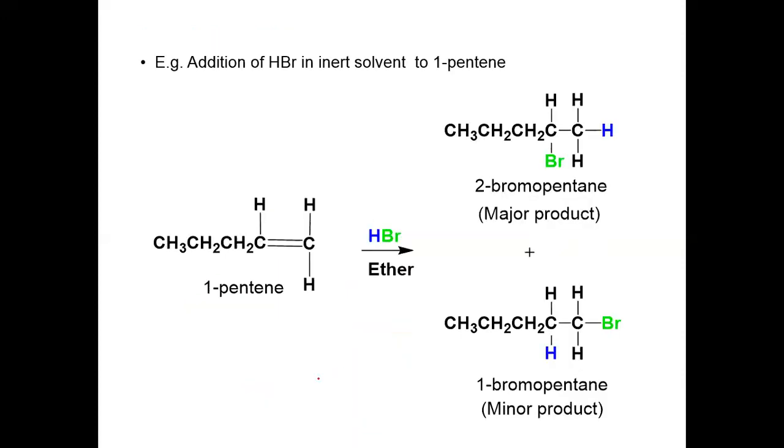Okay, contoh addition of HBr in solvent to 1 pentane. So satu pentane. So this is your double bond. H kat sini. So H akan pergi ke karbon 1, karbon 2. Dia akan pergi ke mana? So H akan pergi ke karbon pertama sebab H akan pergi kepada C yang banyak H. So Br akan masuk kepada karbon kedua.